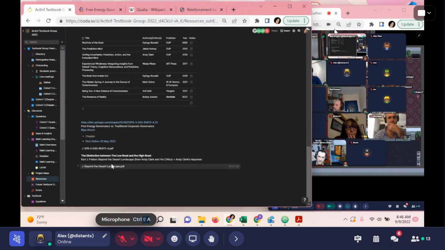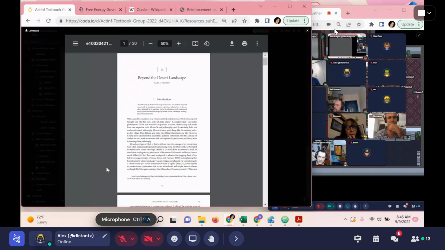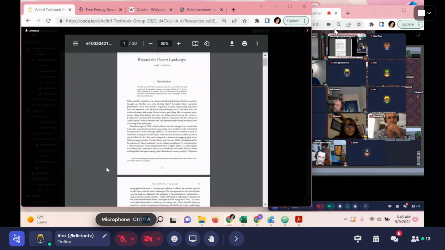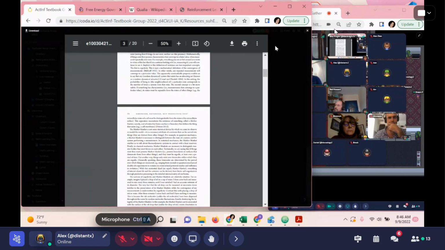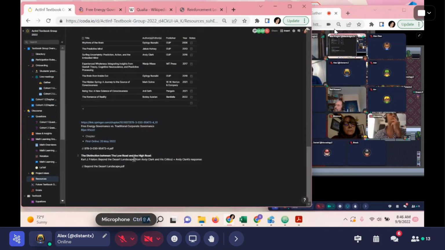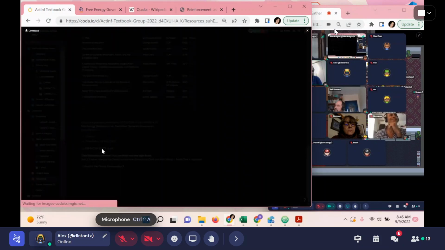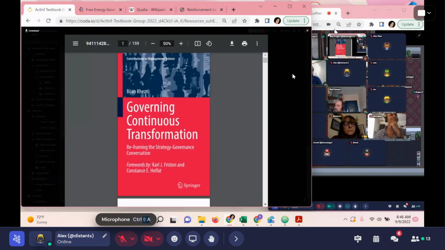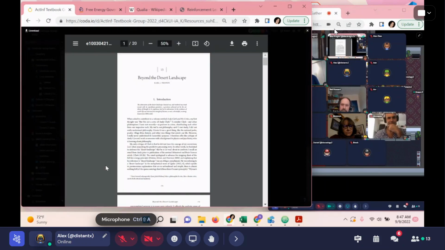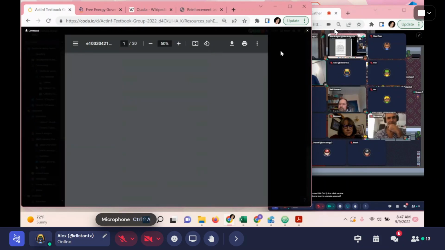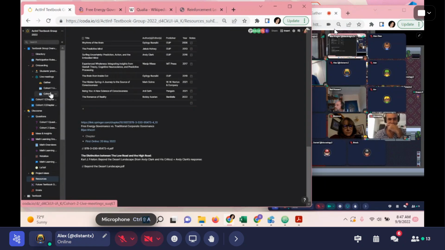Beyond the Desert Landscape. And I've also appended Andy Clark's reply to this essay, because this chapter comes from this book called Andy Clark and His Critics, which I think can help to understand the real differences between those two concepts and why it's important to distinguish between them when we want to discuss and understand any active inference related concepts.